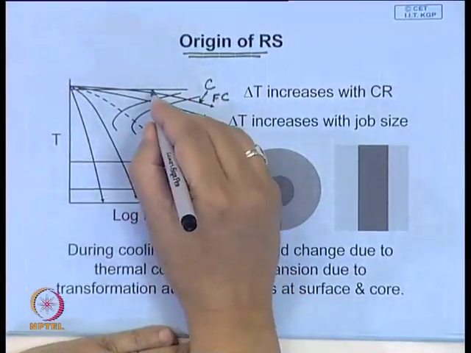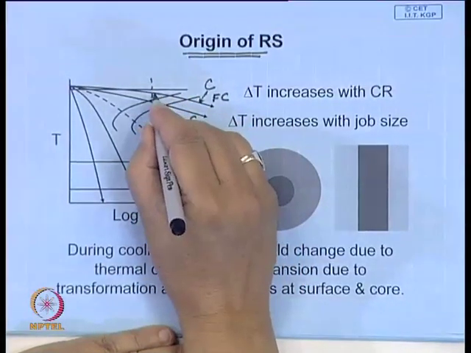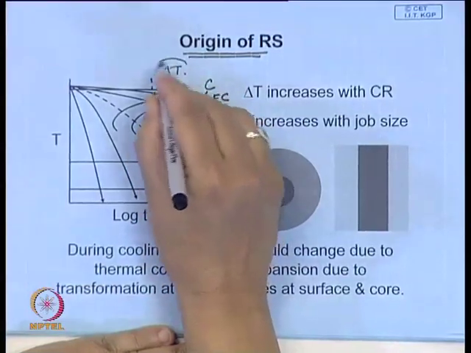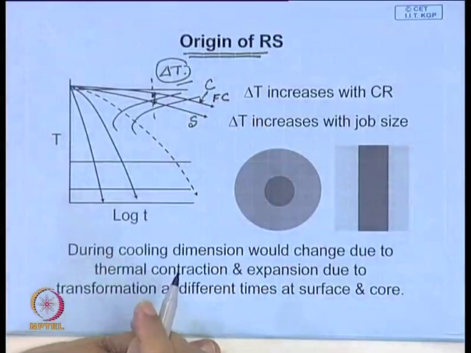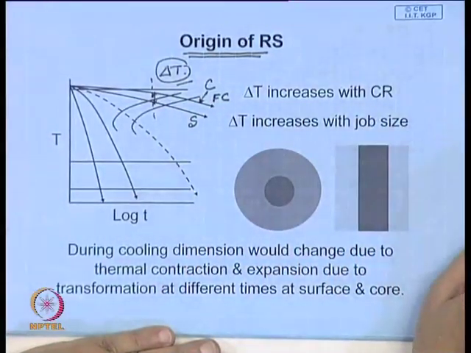Here, at any instant, this magnitude, this delta T, in furnace cooling is very small. Therefore, when it cools, two things happen.